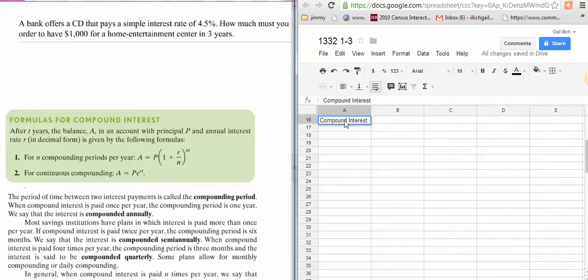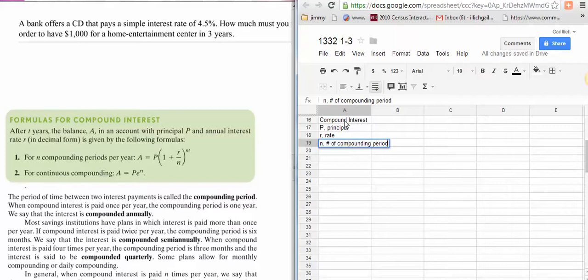Now, what do we need in compound interest? Well, we have A, which is the future value. That's what we end up with, so that'll be the last thing that I'm going to do. You need to input the P, which is your principal. You have a rate, which is your R. You have an n, which is the number of compounding periods, and that depends on the problem.